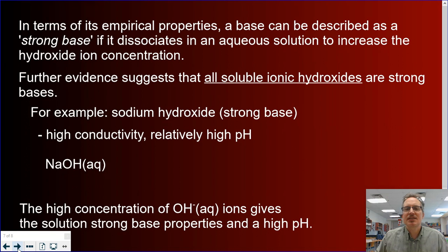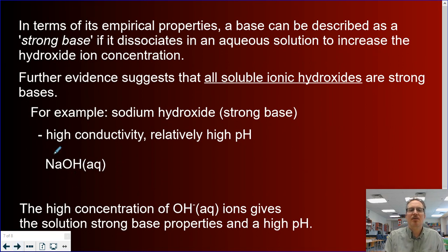We tend to like to say in Chem 30 that if it's got hydroxide in it, it's probably a strong base. So let's look at an example you already know quite well, sodium hydroxide. It's got hydroxide in its name, therefore we know it's a strong base, which means it's going to have a high conductivity in solution, and it's going to have a relatively high pH, closer to 14, 13 in that range.